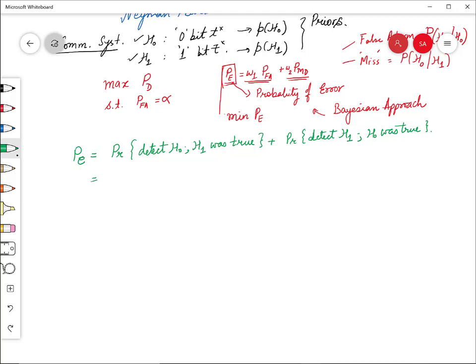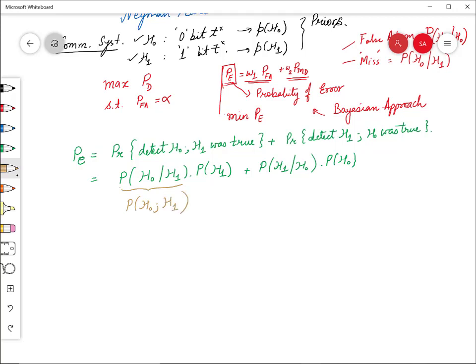So I can write this as probability of H0 given H1 times the probability of H1, and this one as probability of H1 given H0 times probability of H0. Now please notice here that rather than writing probability of H0 semicolon H1, I am writing a conditional probability. This tells me that I am working in a Bayesian framework rather than classical detection theory.